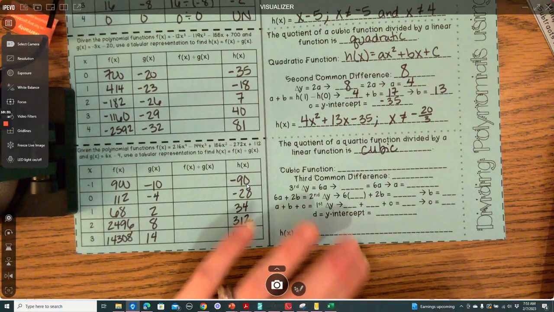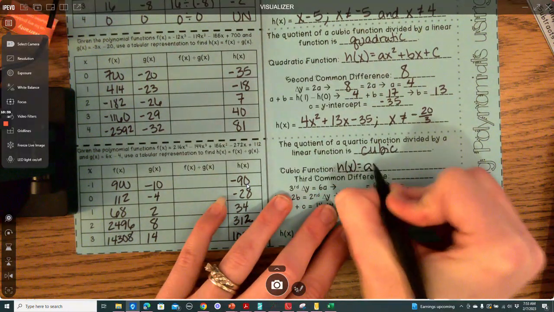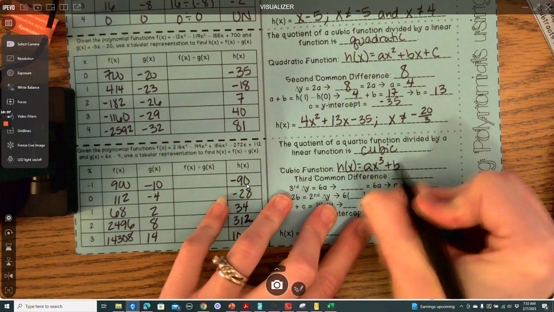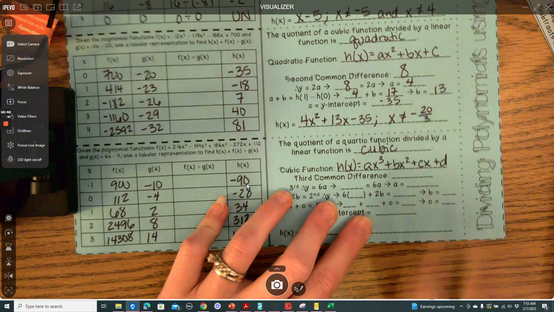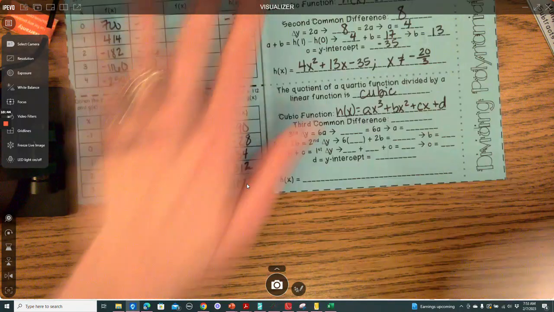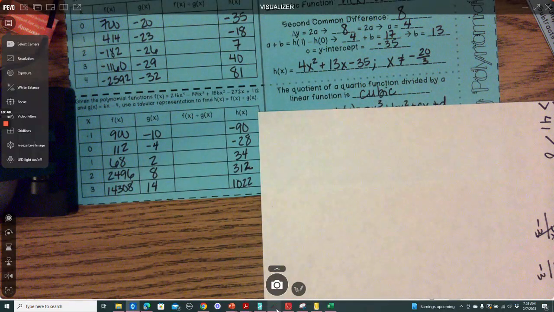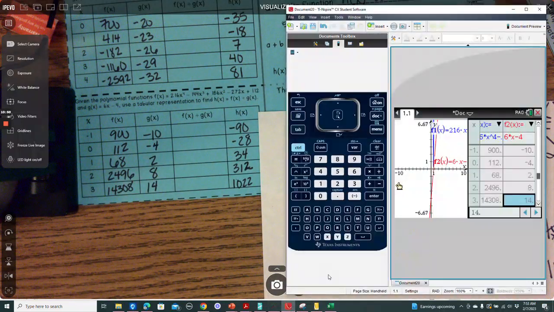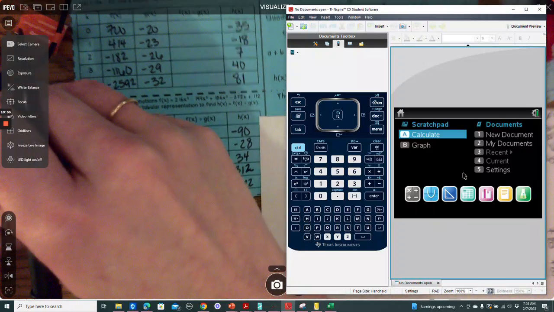And so a cubic function is h of x equals ax cubed plus bx squared plus cx plus d. And again, we can use finite differences here. So let me shift where you can see everything.